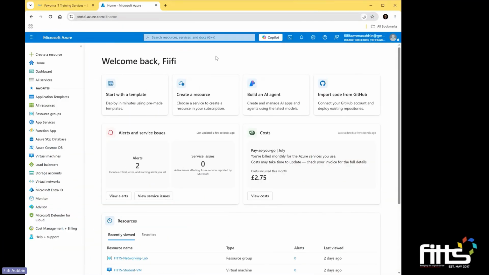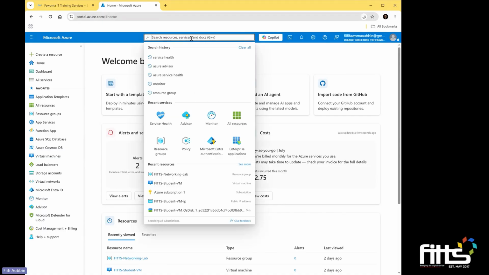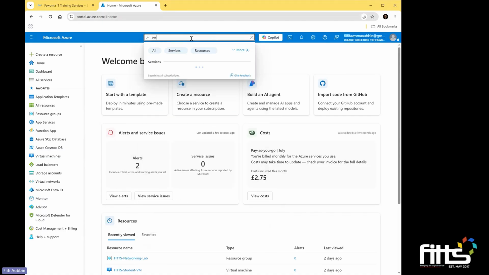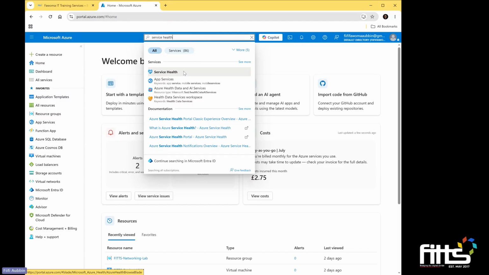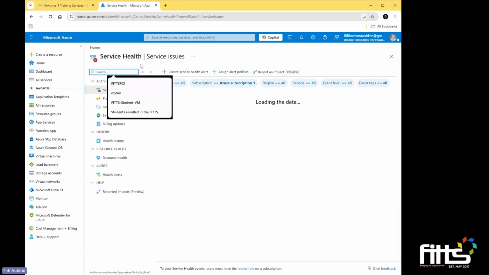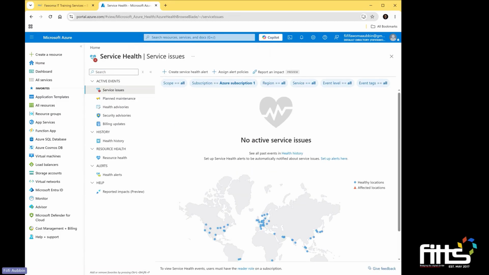So let's move into our search box and type service health. Now it pops up, click on it. Now I have my service health page.